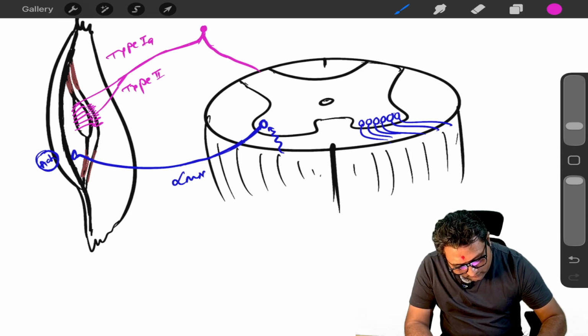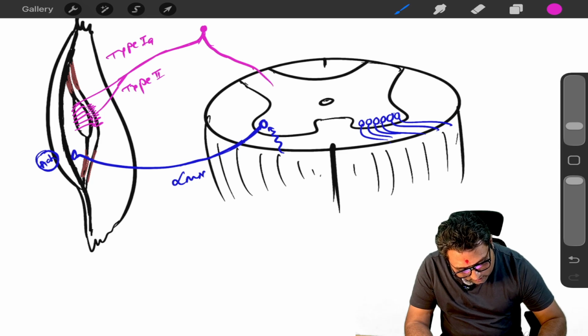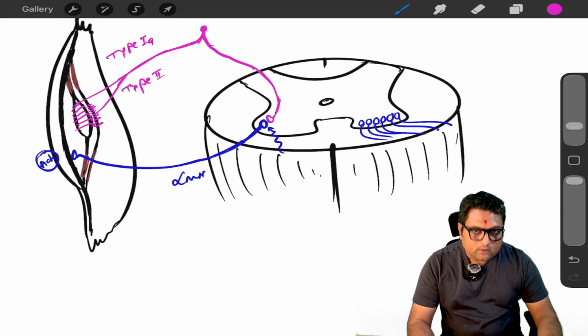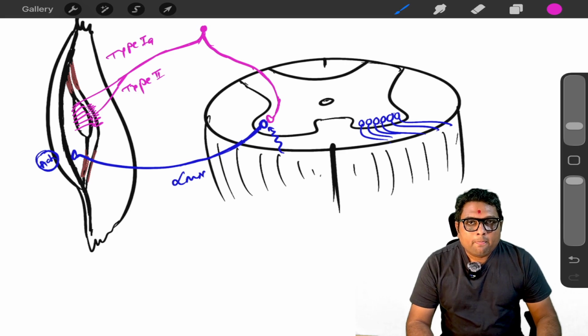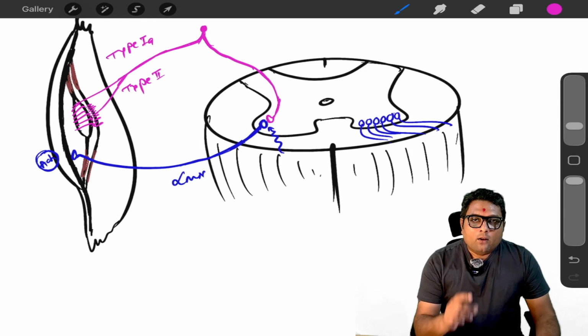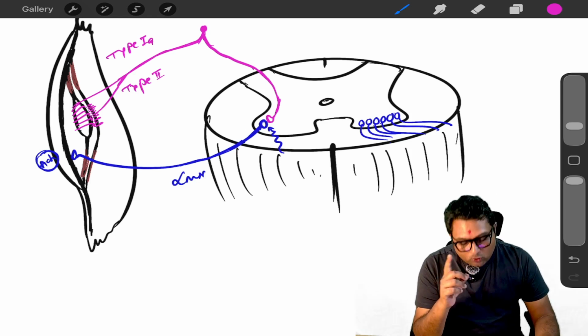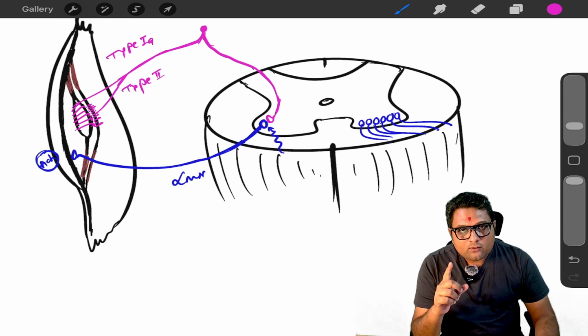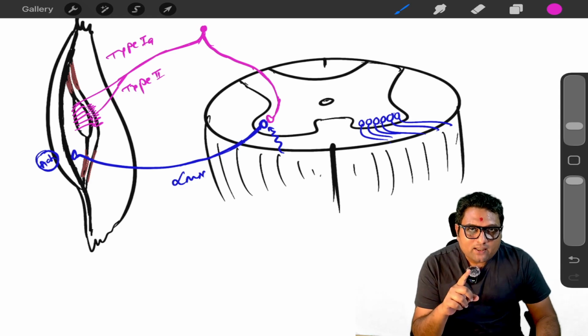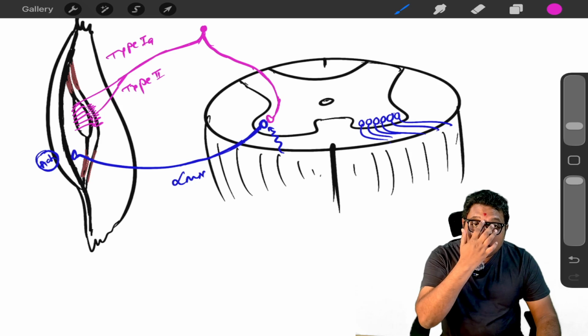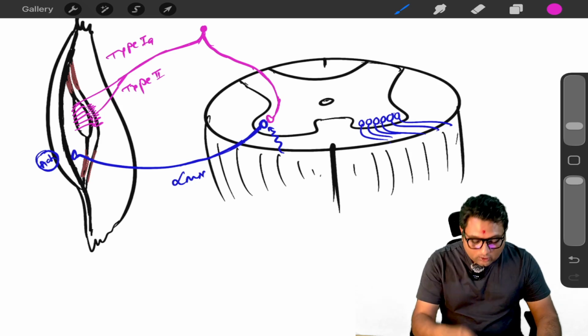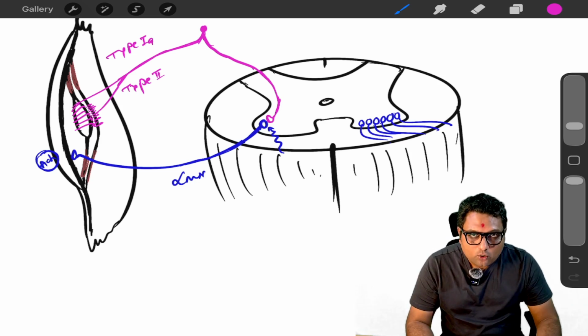The central processes of these fibers enter through the posterior gray horn and make connection with the alpha motor neuron. Why is it called the sensory unit? Because the sensory afferent fibers from the bag fibers as well as chain fibers, through the type 1A and type 2 fibers, through the dorsal root ganglia, enter into the spinal cord. Right.